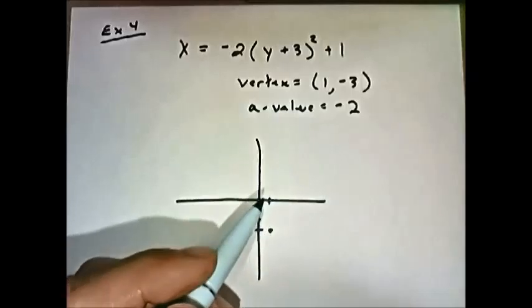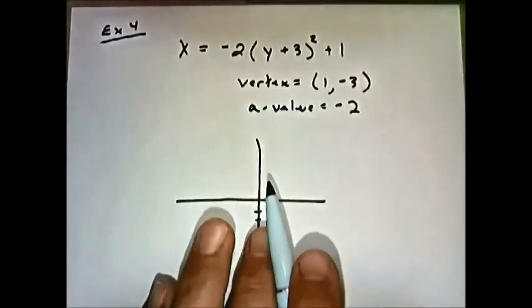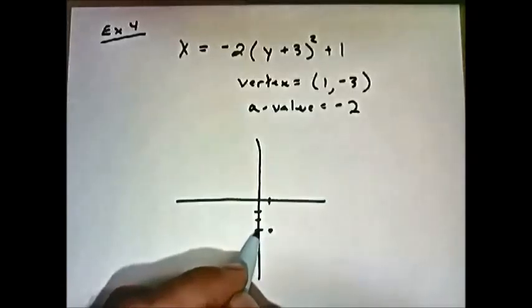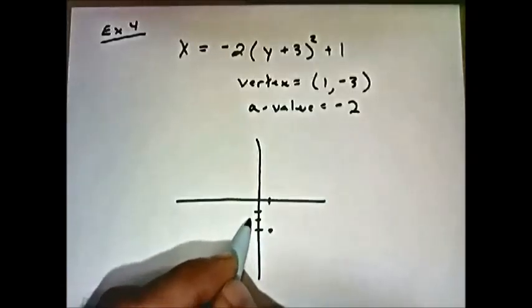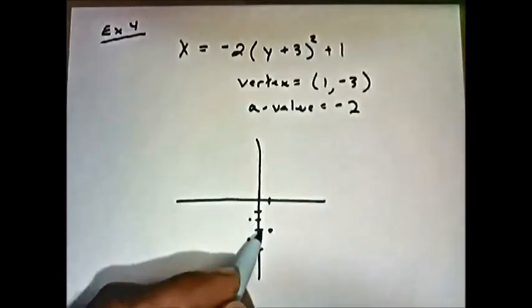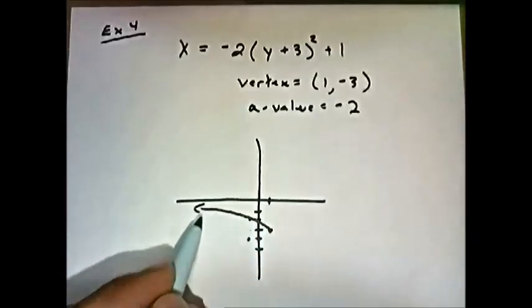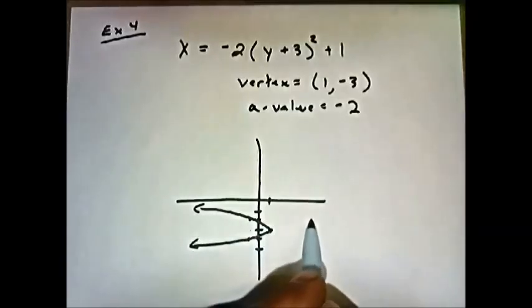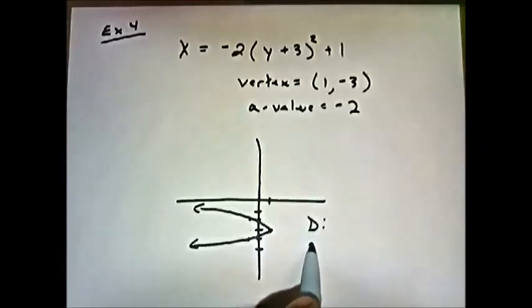Our a value is -2, so we know it's going to now open to the left. So here we can go over 2 to the left and up 1 to get to our next point. Opening to the left, there is our parabola. Now our domain and our range are going to slightly change.